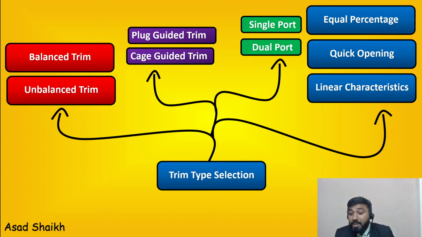Equal percentage, plug guided, balanced trim. All depends on application. Okay, Ashish, you're giving answers for all as yes. All depends on applications. Very safe answer. Okay, modified equal percentage. Oh wow. Cage guided in case of cavitation. Unbalanced equal percentage.